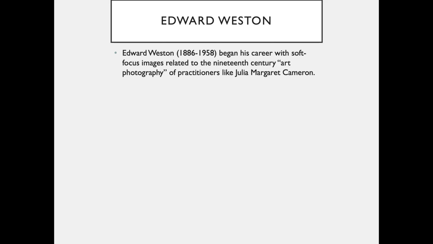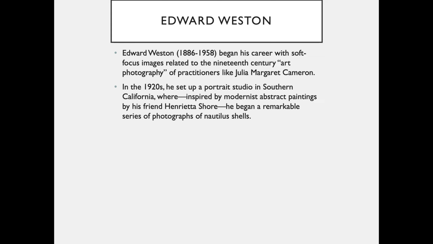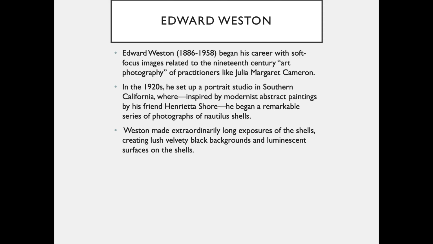Edward Weston began his career with soft focus images related to the 19th century art photography of practitioners like Julia Margaret Cameron. In the 1920s, he set up a portrait studio in Southern California in Glendale, where he began a remarkable series of photographs of nautilus shells.